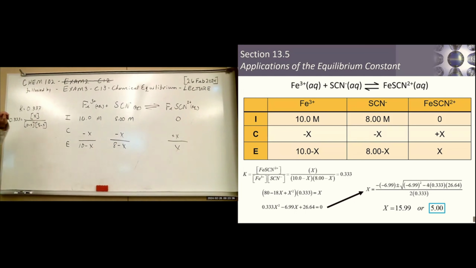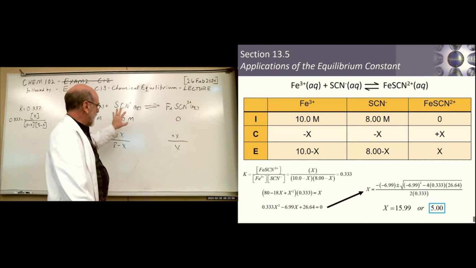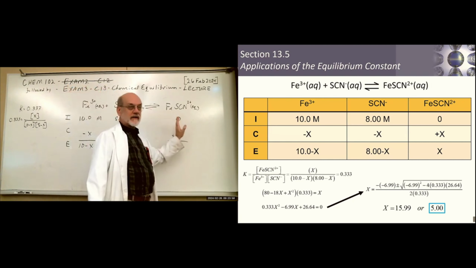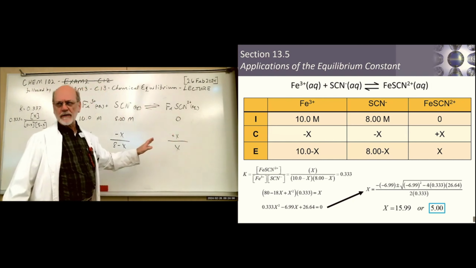Okay. There's a trick that sometimes we can use. If this value is extremely small, which it isn't, but if it were very small, we know that the reaction would not go very far to the right. That means X would be extremely small.